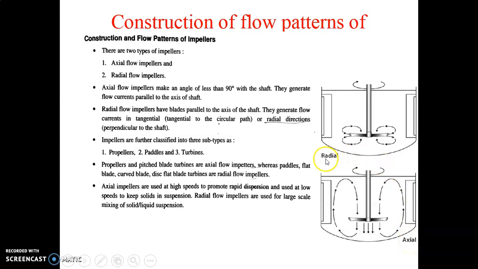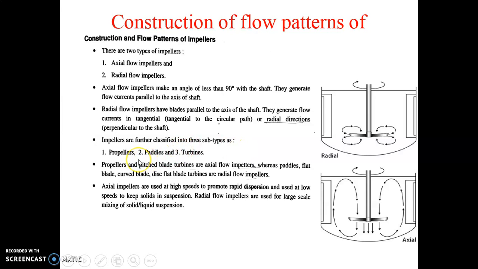Another type is the radial flow impeller, which produces the flow current perpendicular to the shaft. They produce the flow current in this direction, that means perpendicular.